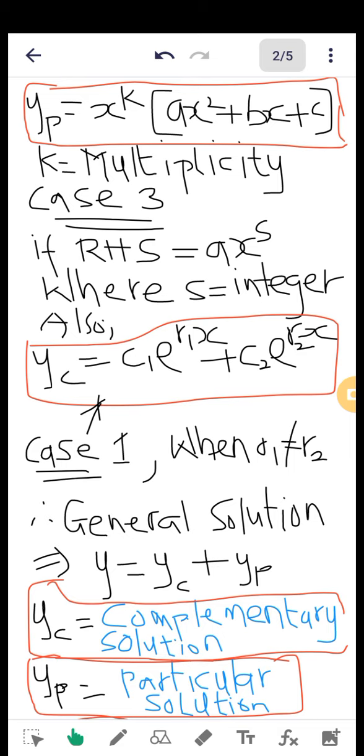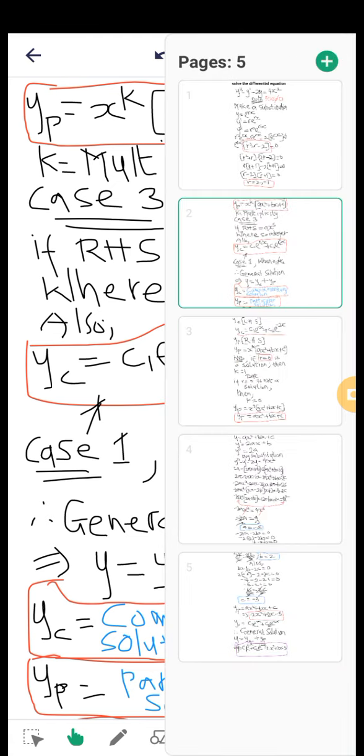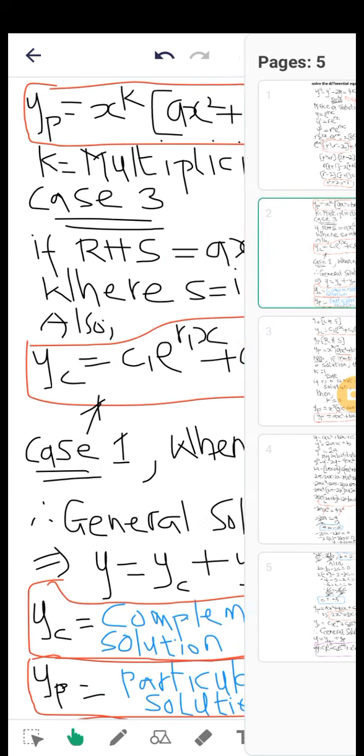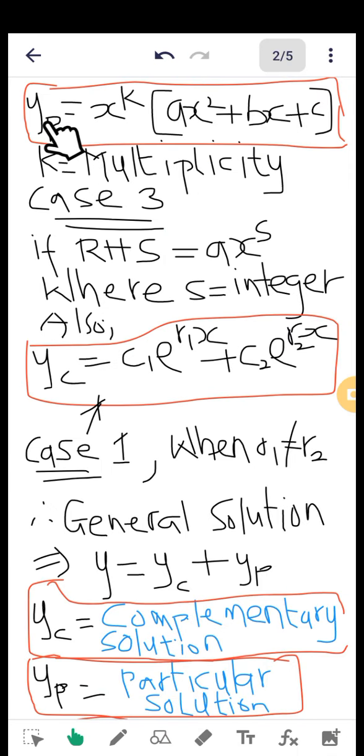That was from our previous lessons. So what we are interested in is that we first try to take our trial solution for our right hand side. So what will be our trial solution? This is how we choose the trial solution. It will be in this form.